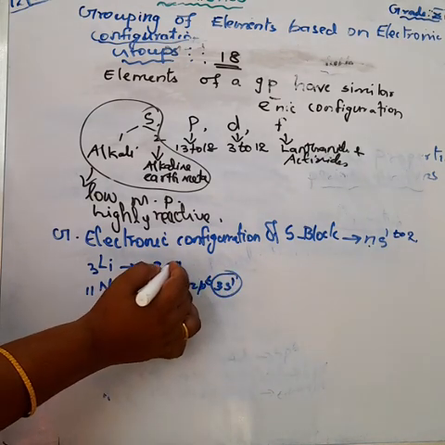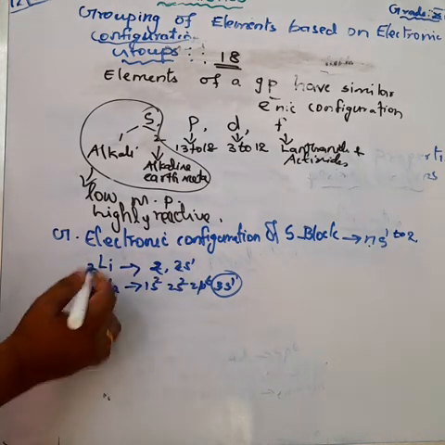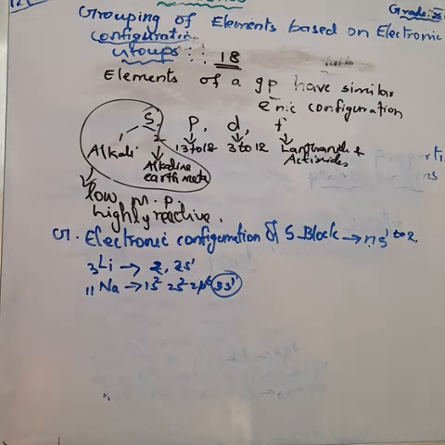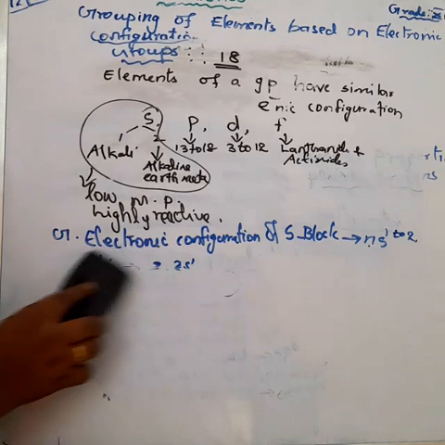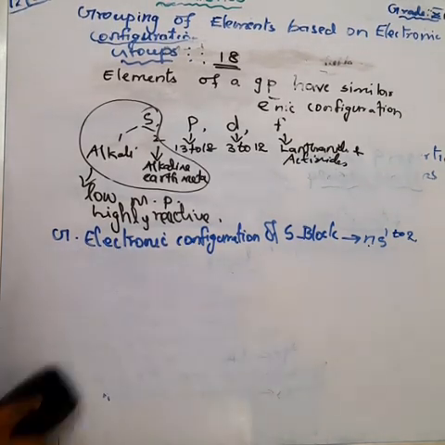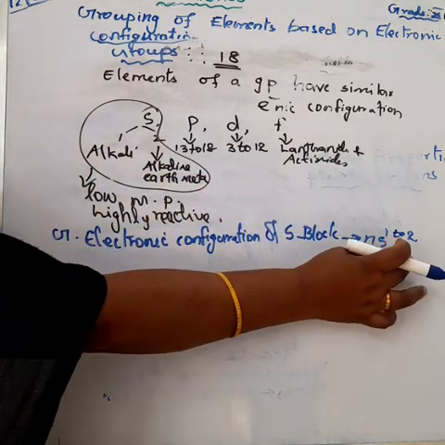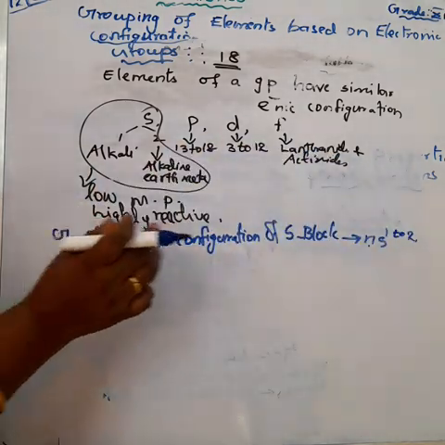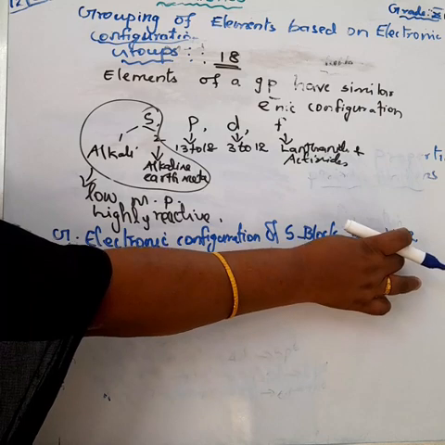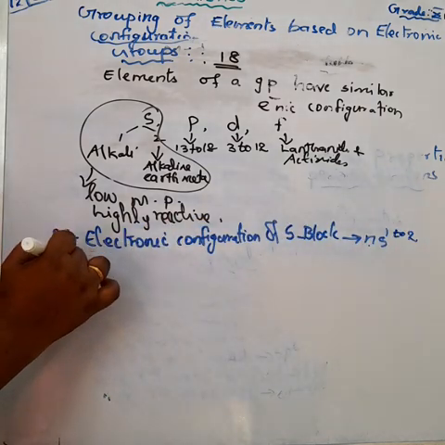So n means the number of shells. The general outer electronic configuration for group 1 elements, the alkali metals, is ns1, and for alkaline earth metals it is ns2. All these elements have the ns1 configuration. Potassium has atomic number 19.